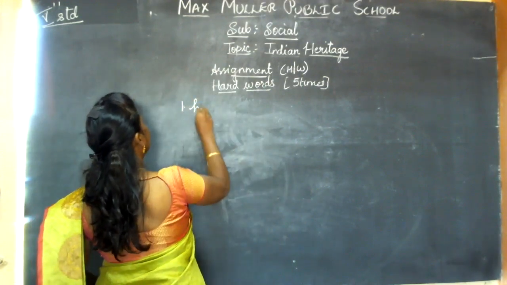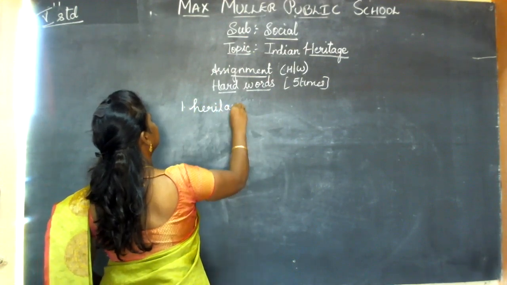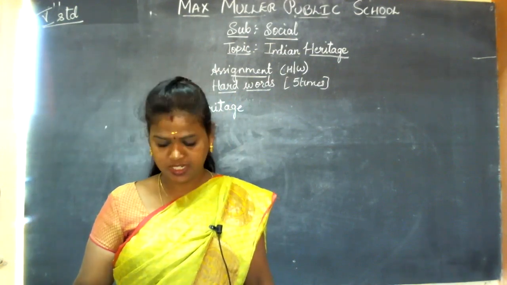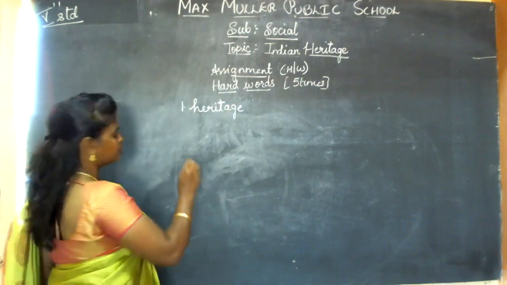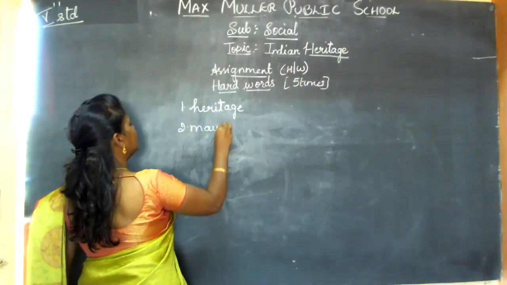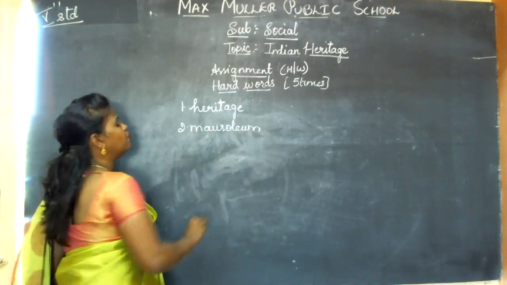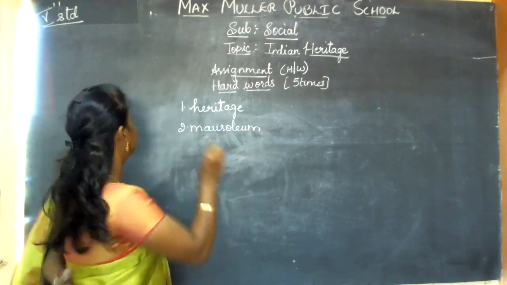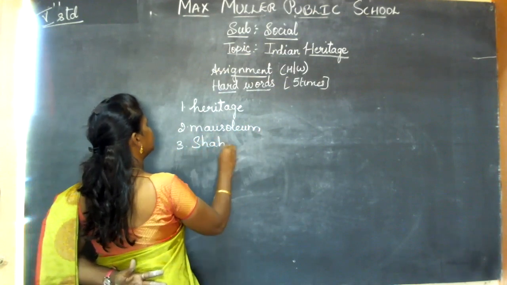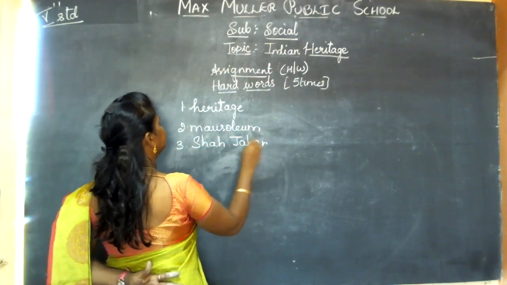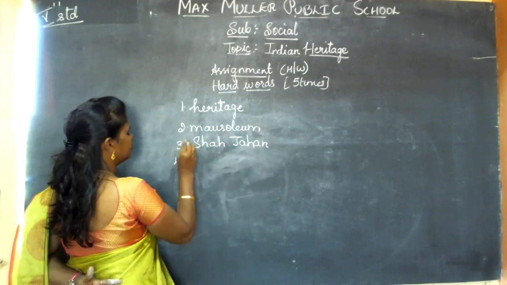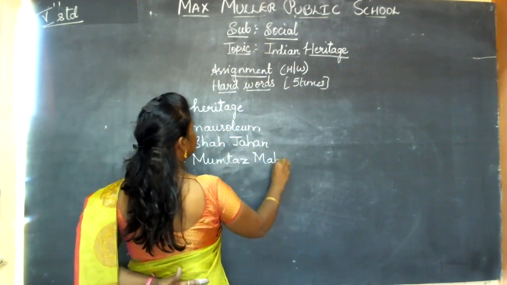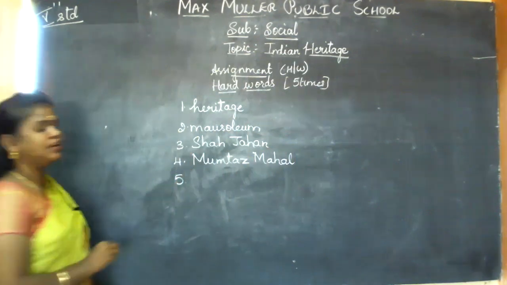The first word, heritage. Mausoleum. Third word, Shah Jahan. Mumtaz Mahal.